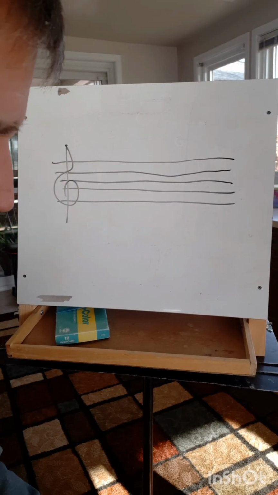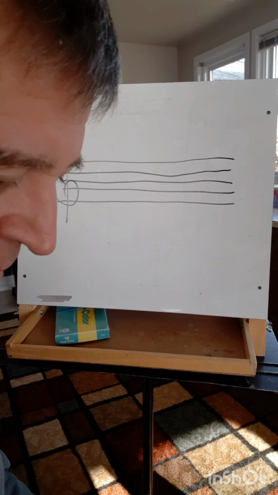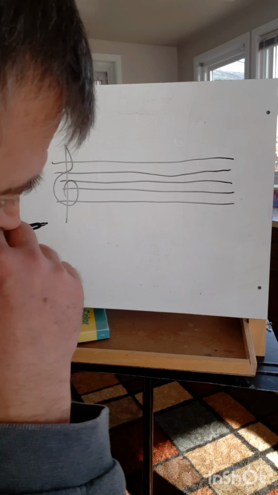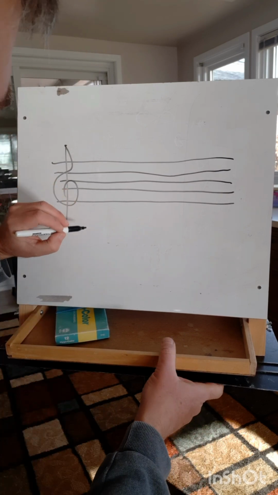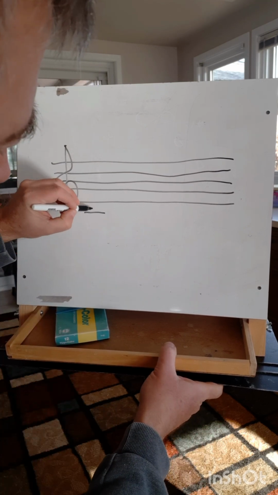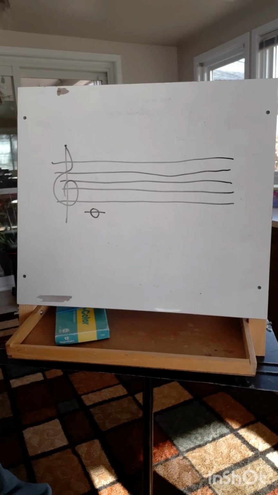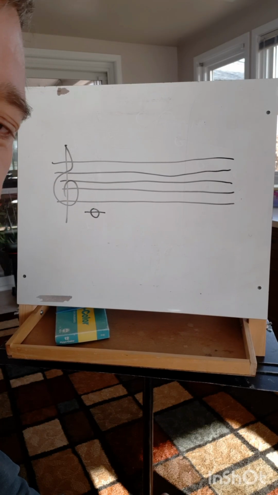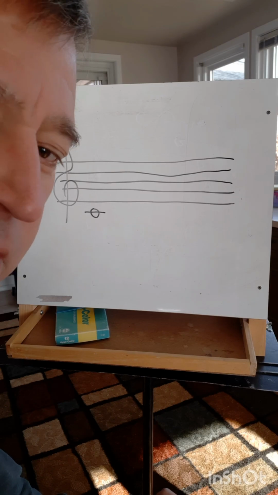This is just an easy way for me to explain what I'm about ready to show you. This is middle C right here. Let's say that we're in the key of C, and I'm just using the key of C as an example. You can do this with all the other 12 keys.